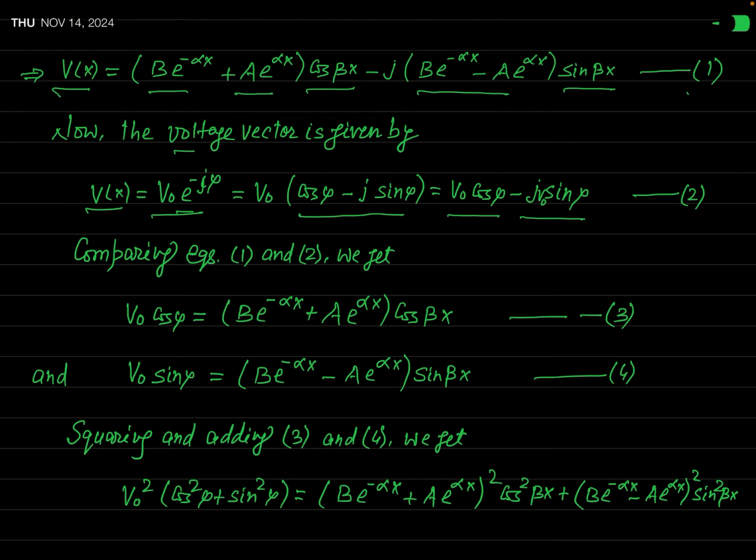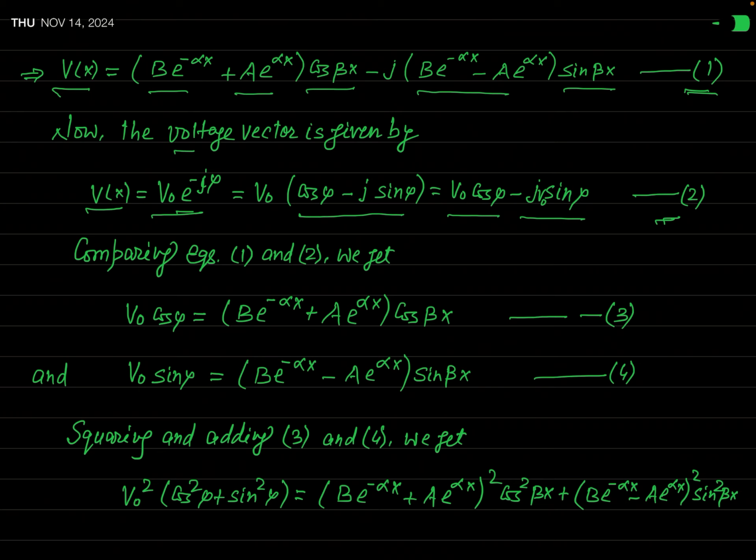Now let us see equations 1 and 2. Both equations define the voltage V, which is a complex quantity, so we can equate equations 1 and 2. But you know, when two complex numbers are equal, the real part of the first is equal to the real part of the second, and similarly the imaginary part of the first is equal to the imaginary part of the second.